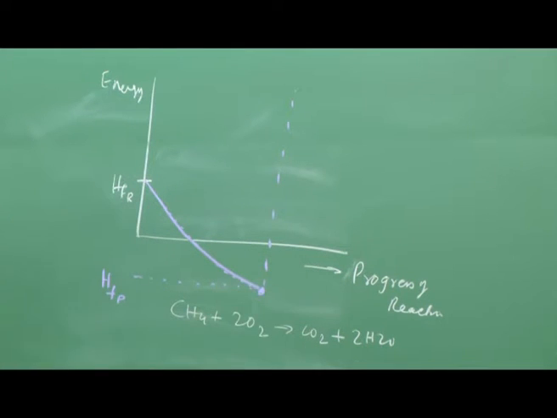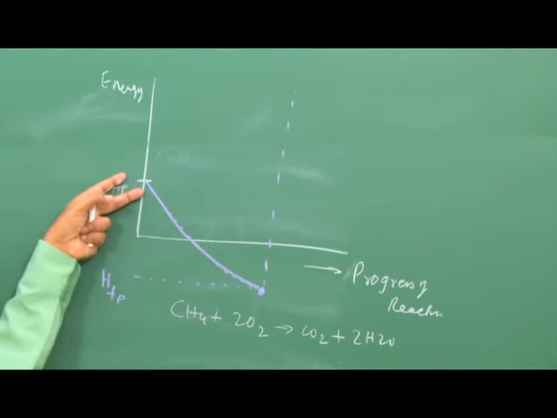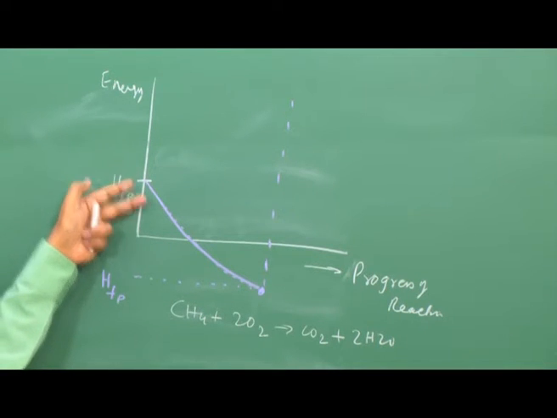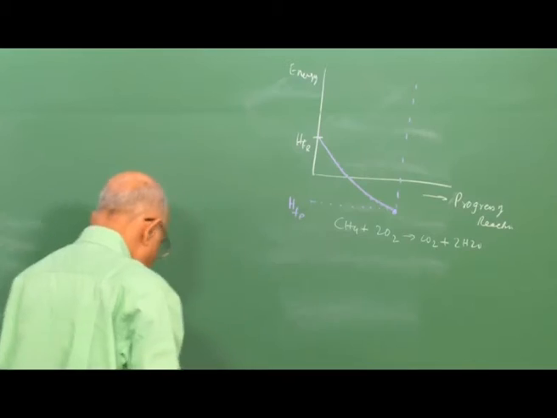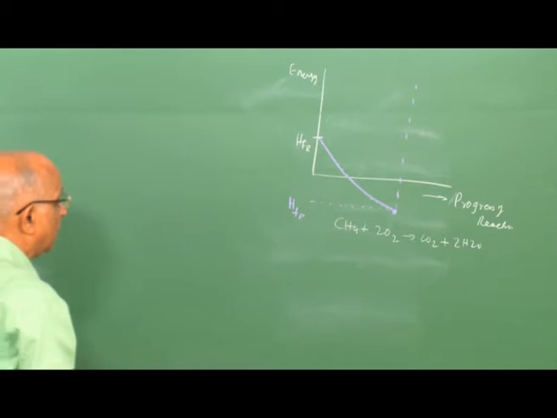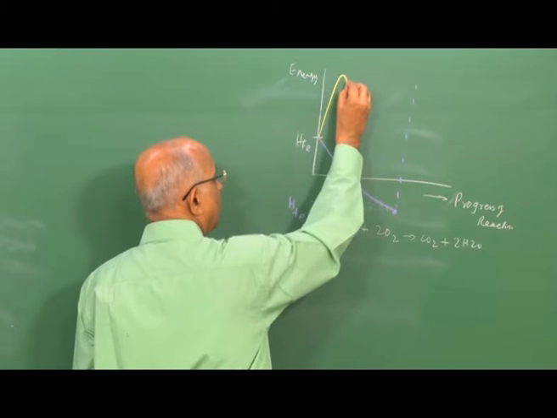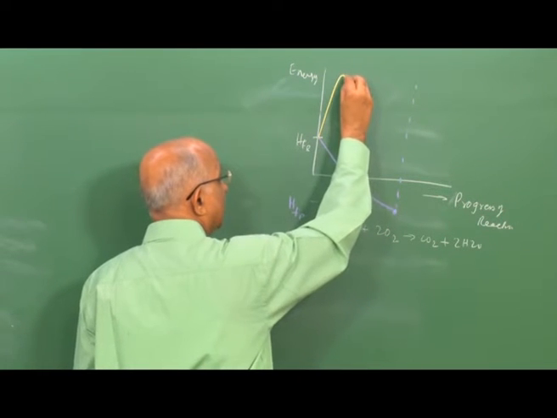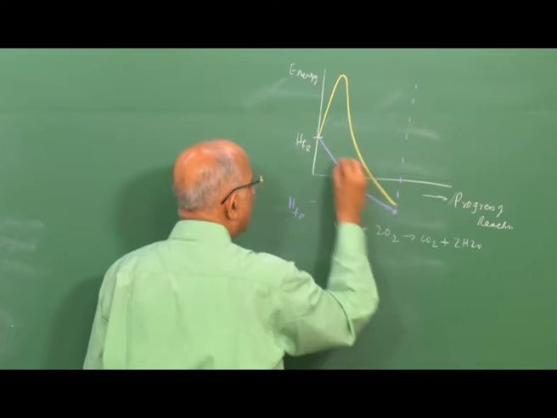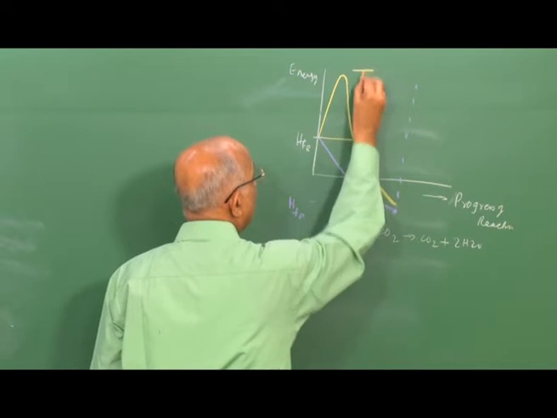But we told ourselves, I can store this indefinitely, unless I give some energy it does not get started. Therefore, if this reaction has to take place, I have to supply some activation energy, some value of EA which starts the reaction, and then it comes over here, and therefore, this is the value of activation energy.